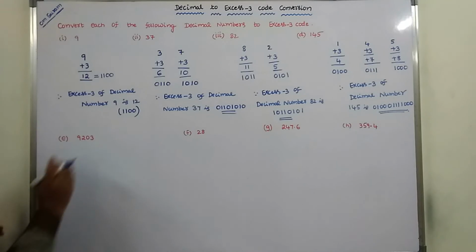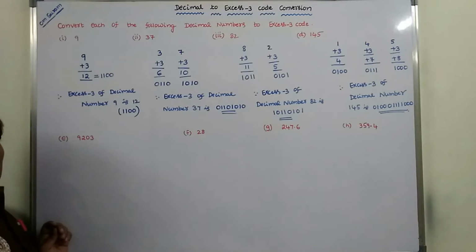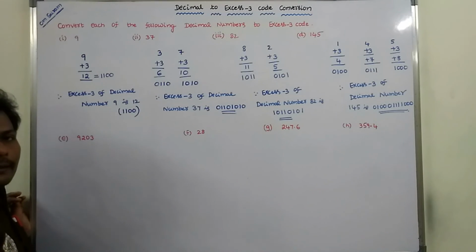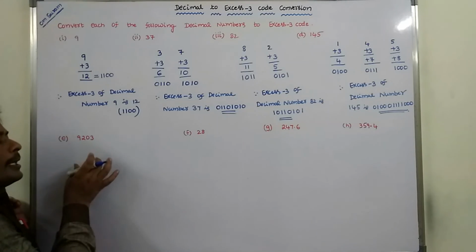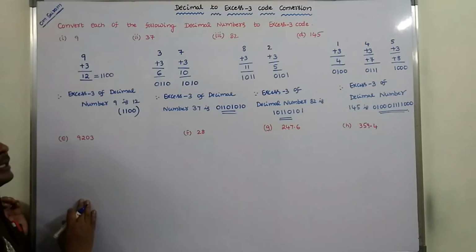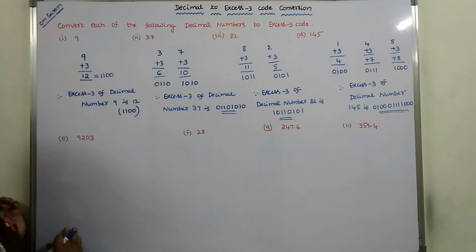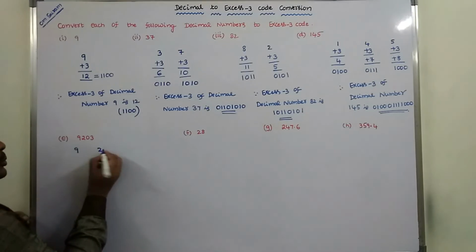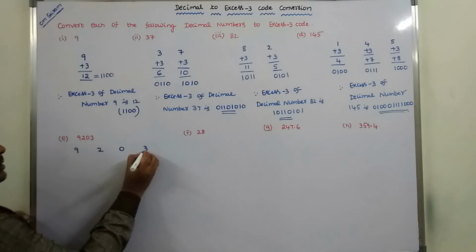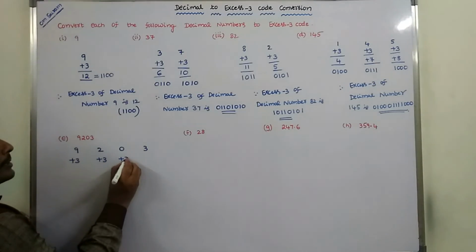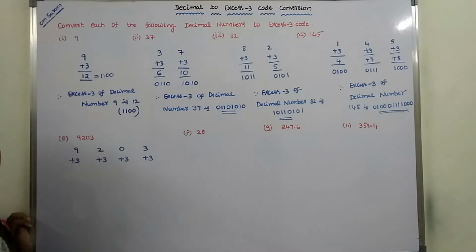The given decimal number is 9203. Okay. For each and every digit in the given decimal number, we have to add 3. After that, the corresponding number can be converted into binary. Then we have to combine all the binary digits. Okay. So here 9203, we have to add plus 3 to each digit.